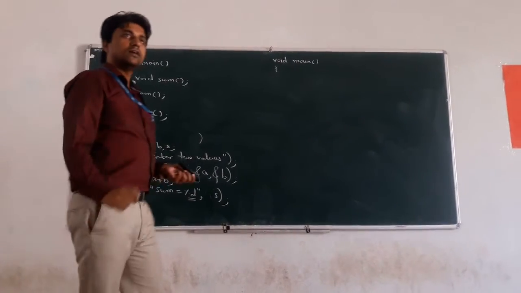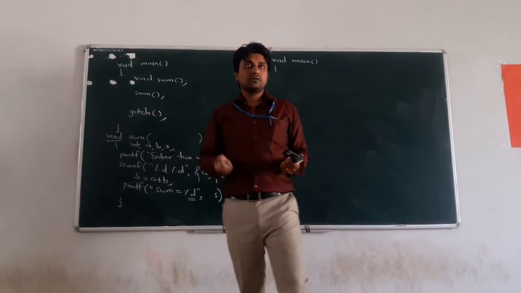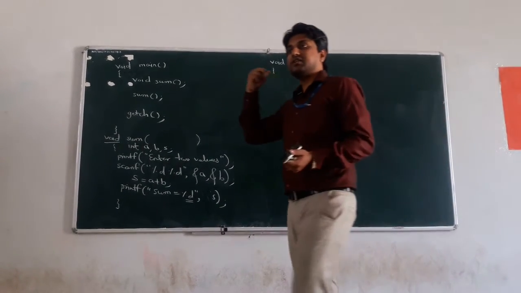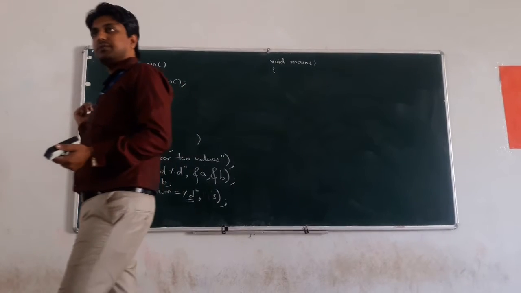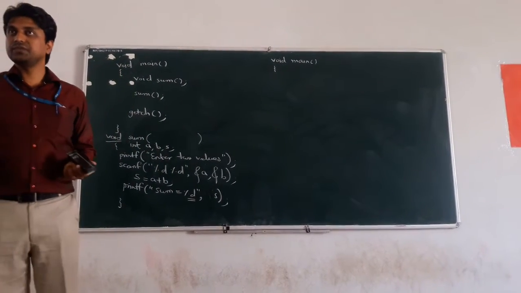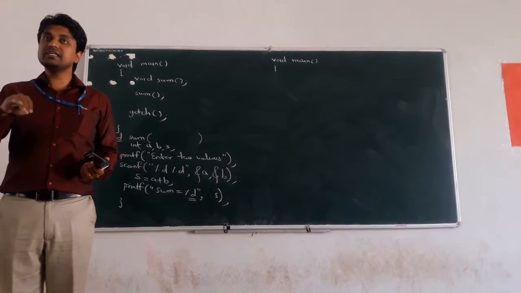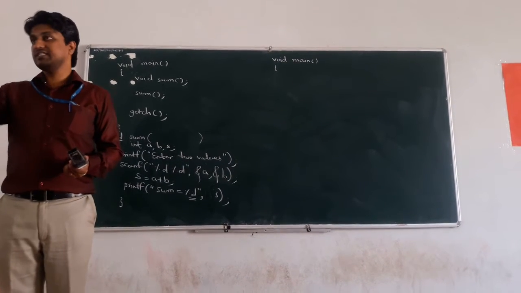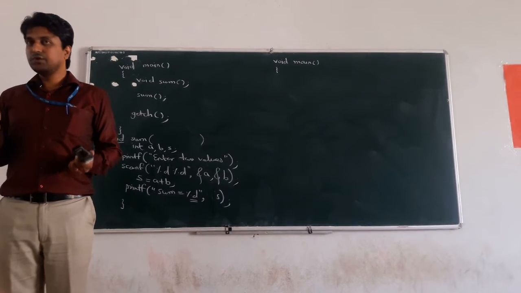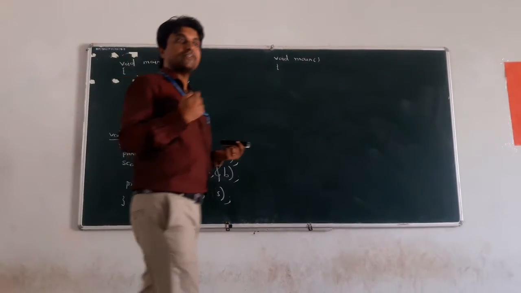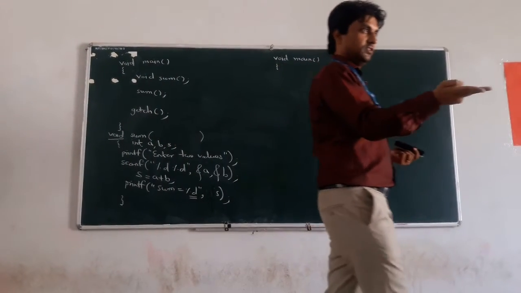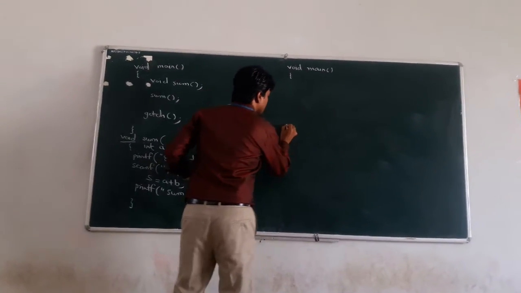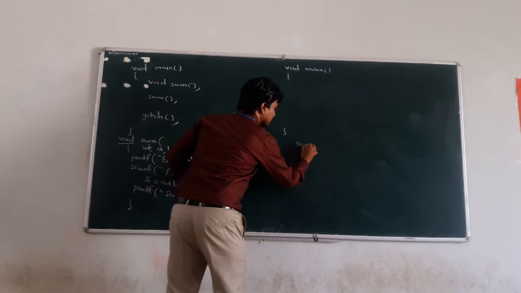Main calls sum and tells it that it will pass two values; you make the addition and display the result yourself, that is your responsibility. But the two values are provided by the main function. As per that discussion, we have to design the sum function.